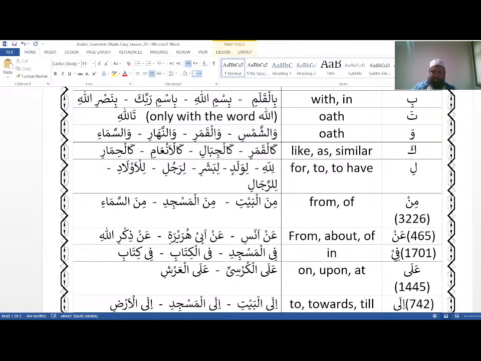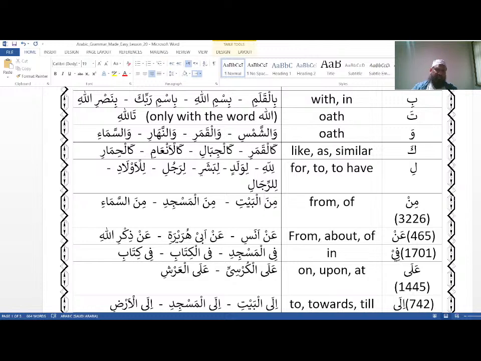There's a famous ayah in Surah Al-Ghashiyah, أَفَلَا يَنْظُرُونَ إِلَى الْأَرْضِ. Don't they look towards the earth? Or don't they see, look toward the earth?